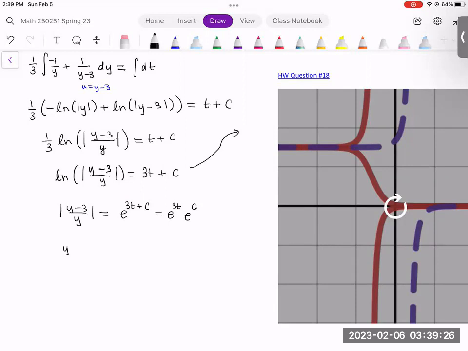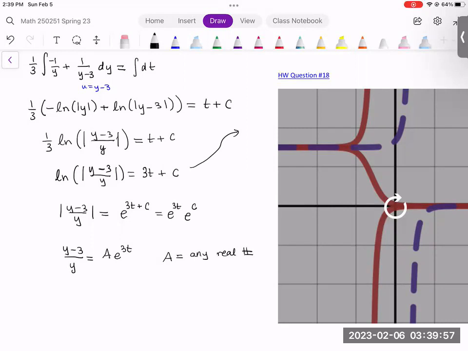So we can actually drop these absolute value signs and replace our expression with a e to the 3t, where a here is any real number. And we found two equilibrium solutions, y equals 3 and y equals 0.